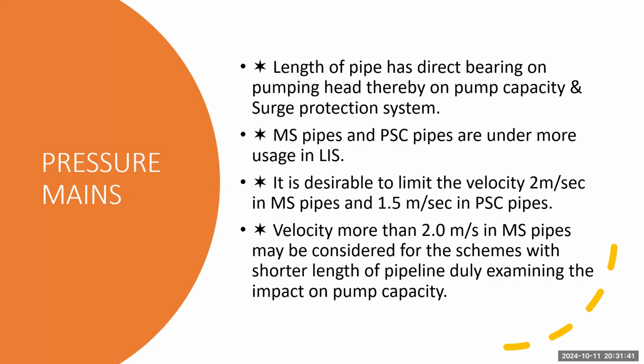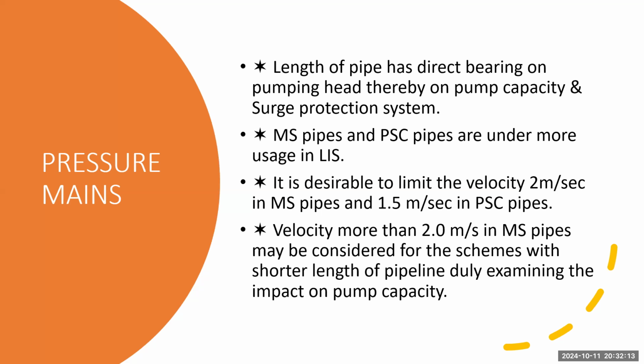Now the next point is related to the pressure main. Pressure main is a pipeline which carries water under pressure. The water is pumped through this pressure main. These pressure mains are also called rising mains. The material used for the pressure main is either mild steel pipes or precast concrete pipes.